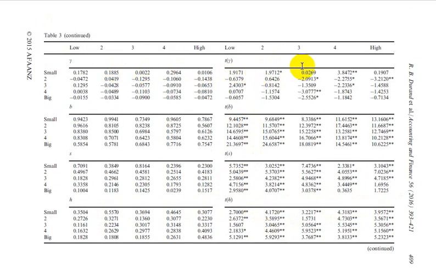And next we have the momentum factor of the Australian orthogonalized. So we can see that there's not very many asterisks over here, so the momentum of returns doesn't explain the returns very well, at least whenever controlled for the other factors.